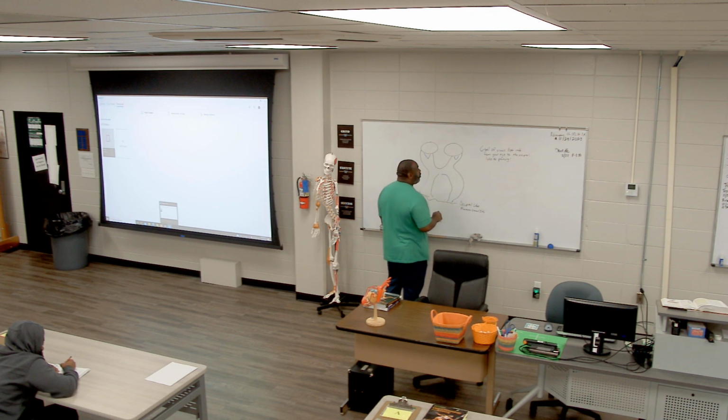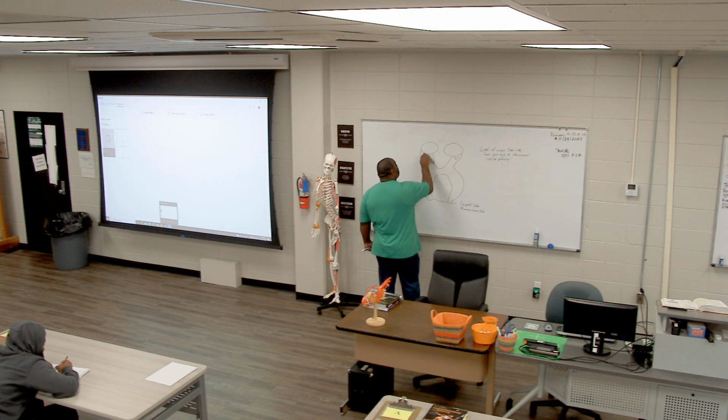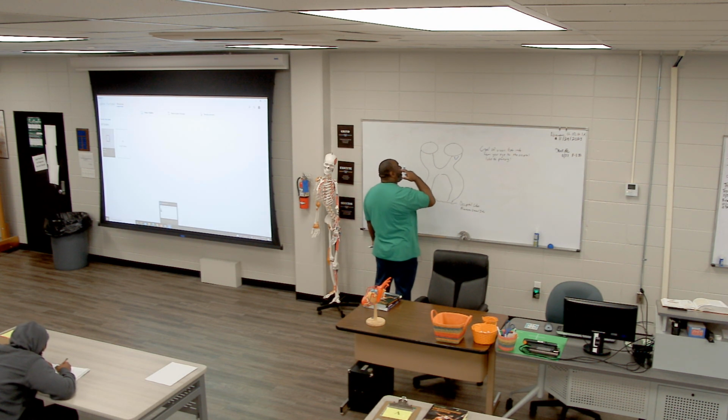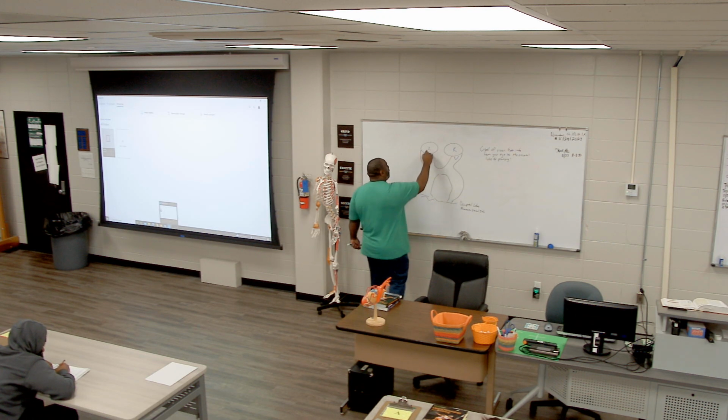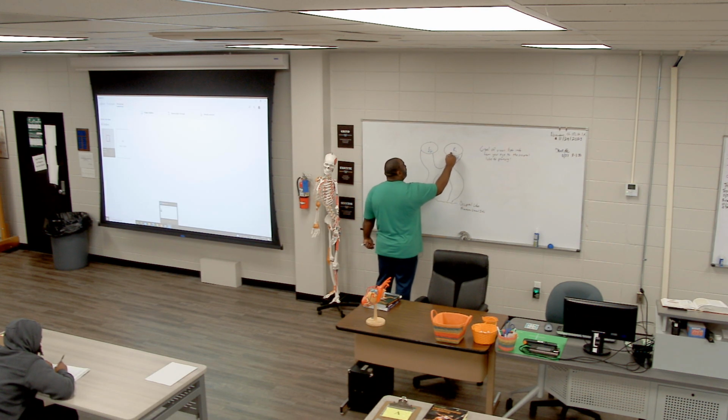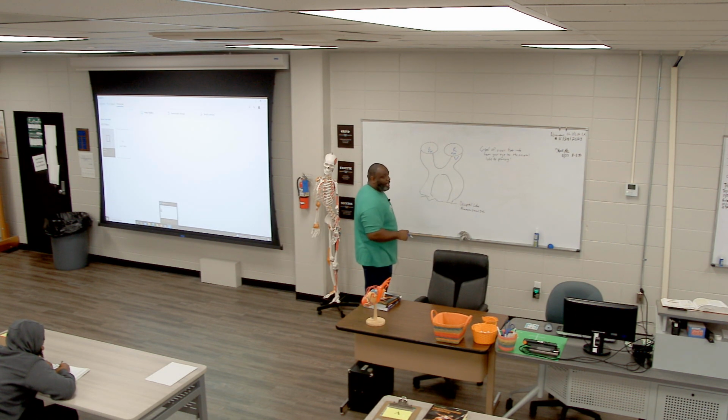So let's say visual input is coming into your eye. You have a left eye and a right eye. My left eye has two specific things that it is picking up.